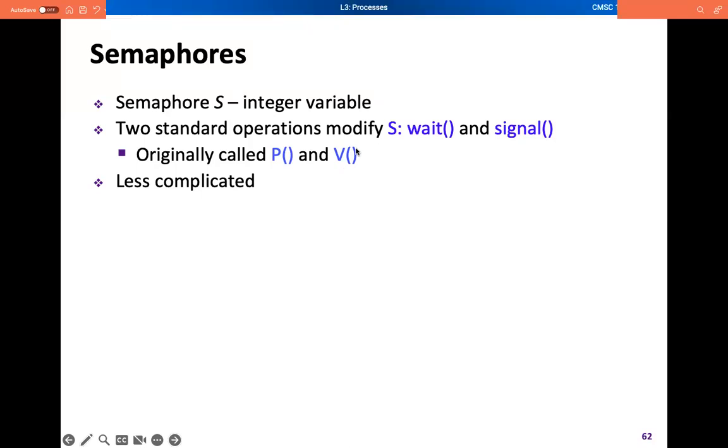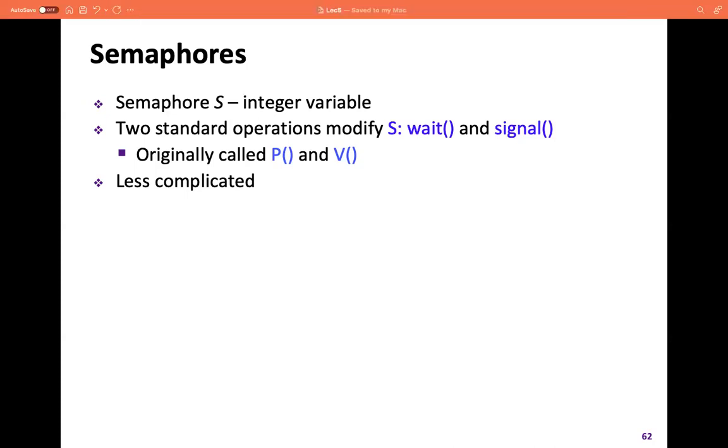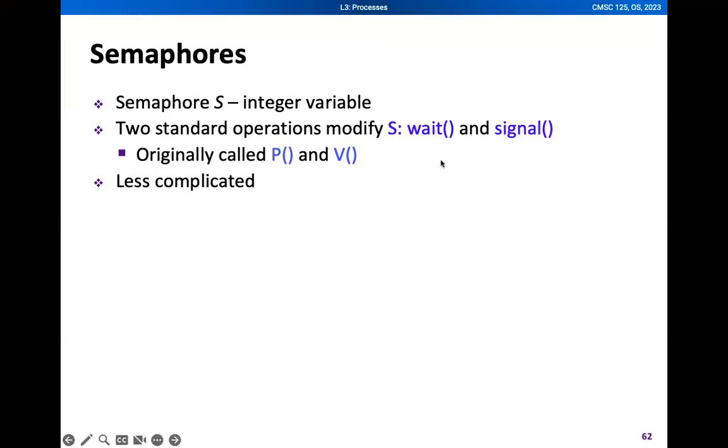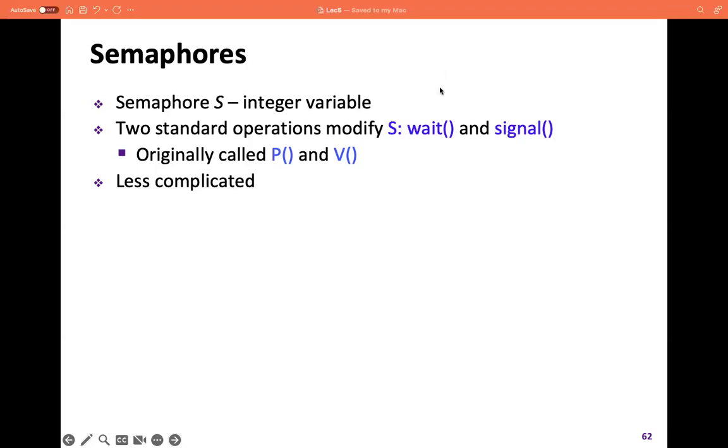So where did these original terms come from? Wait was originally called P, which stands for proveren, and proveren means to test. In other words, what we are doing here is testing whether a certain resource is available or not.